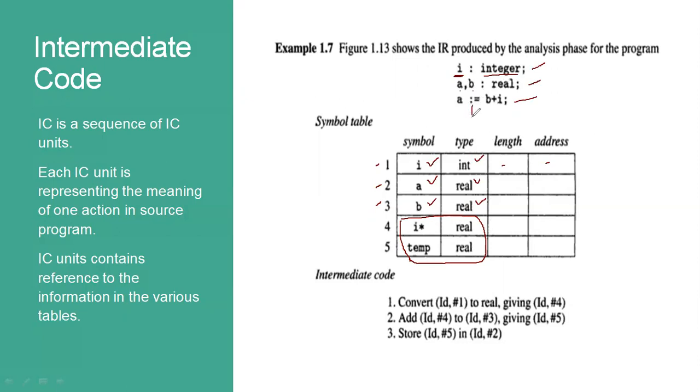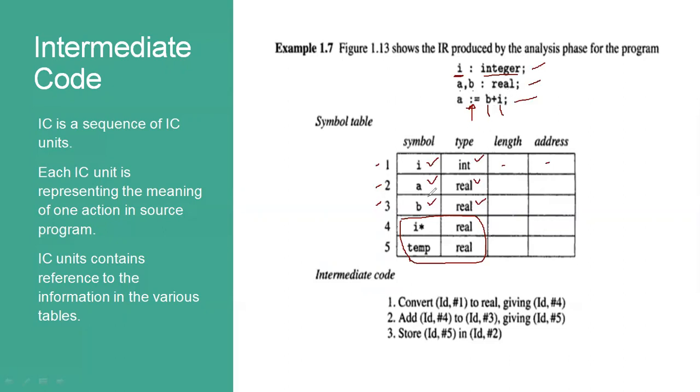Looking at this operator, A equal to B plus I, this is an assignment statement. So for the assignment statement, addition of these two operands must be done. For doing the addition of B and I, both identifiers must be in the same data type.